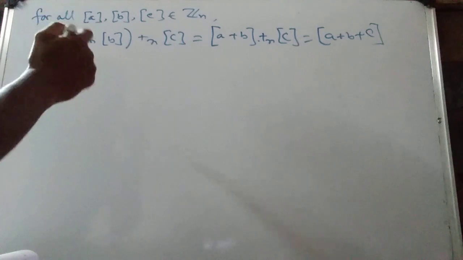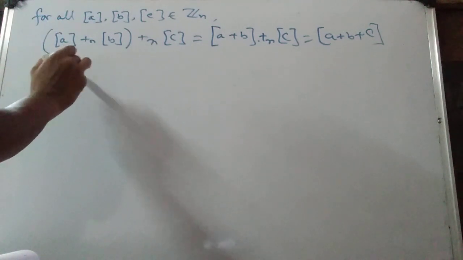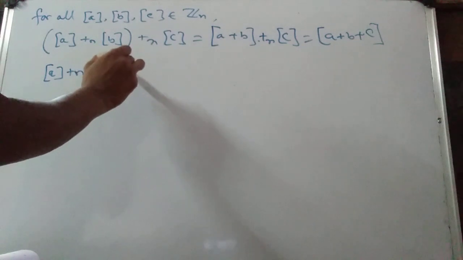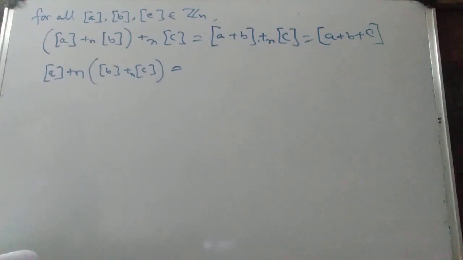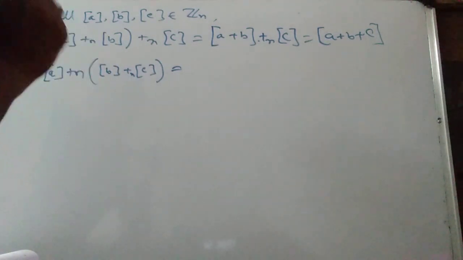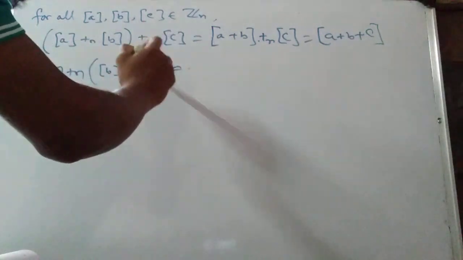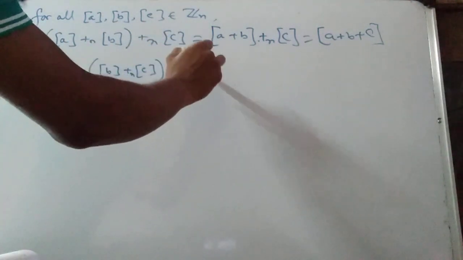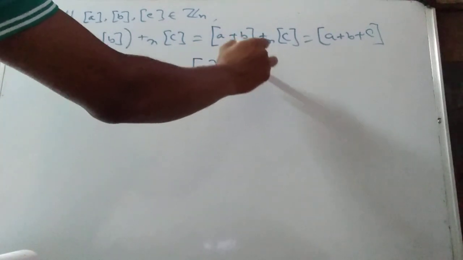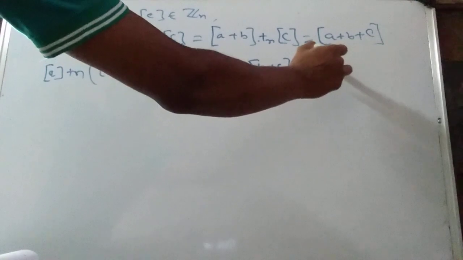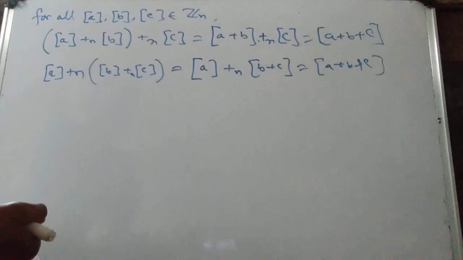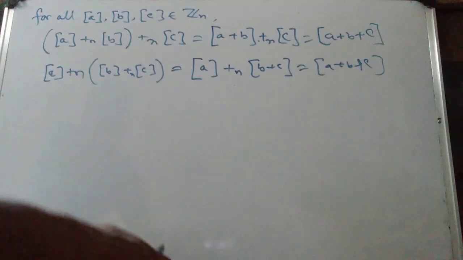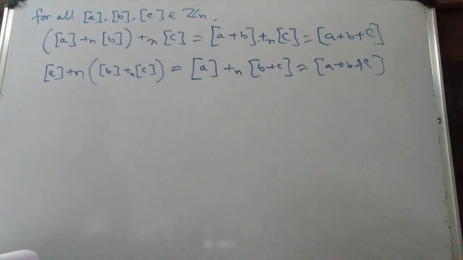And again we also write it this way, A plus B plus C, that means this class with respect to modulo n. So this equals A plus with respect to modulo n the class B plus C, and this equals A plus B plus C. This implies simply that this is associative. Not a problem at all.